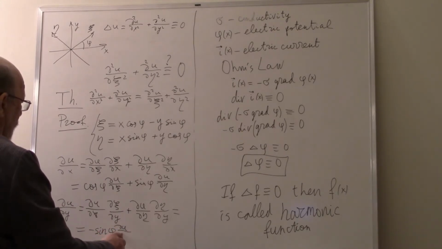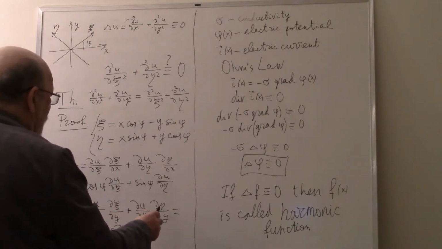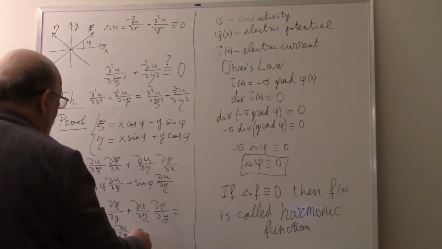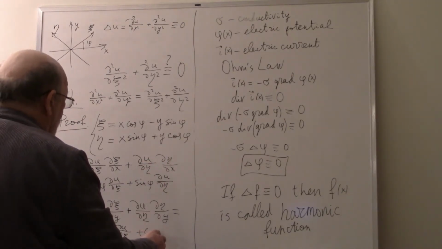Minus sine phi du d psi, and d eta dy is cosine phi, plus cosine phi du d eta.